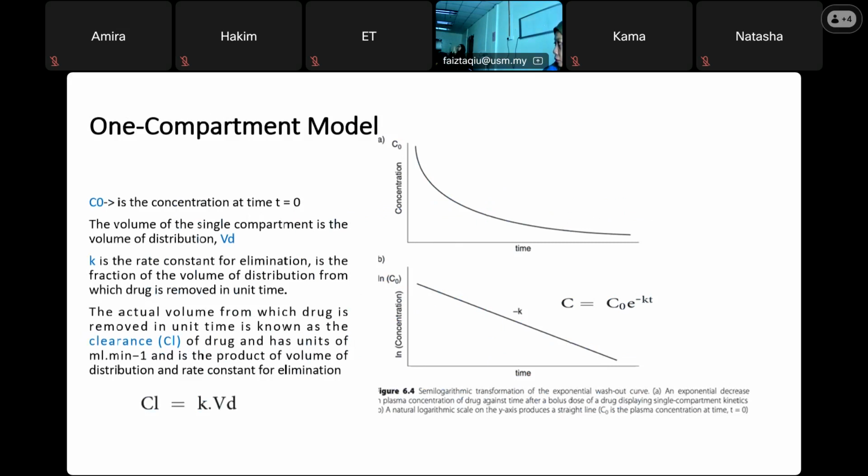You still need certain time to pass in order for the concentration to be available in the bloodstream, because your y-axis is concentration in the plasma, right? You want to draw the blood. So this graph is plotted against time.